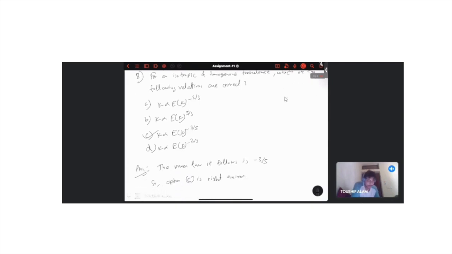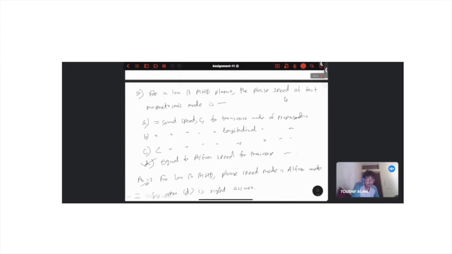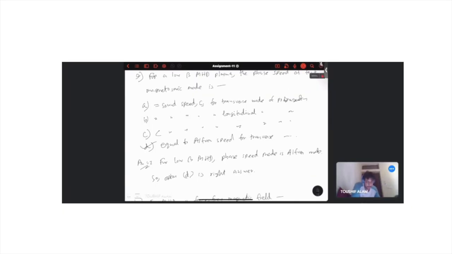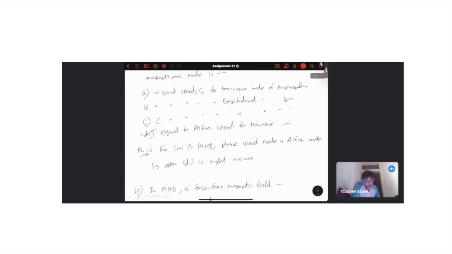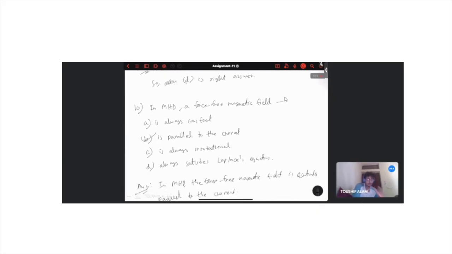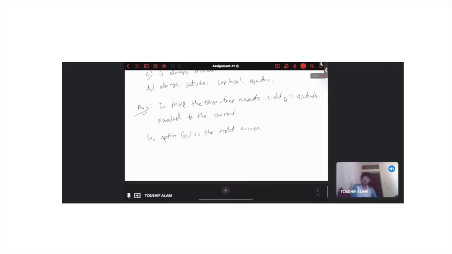So the power law follows minus 5 by 3. So obviously option C is the right answer. For a low beta plasma, the phase speed of fast magnetosonic mode is actually equal to Alfven speed because it is at low beta. So phase speed mode is Alfven mode. And in MHD, force-free magnetic field is always parallel to the current. So B is the right answer.